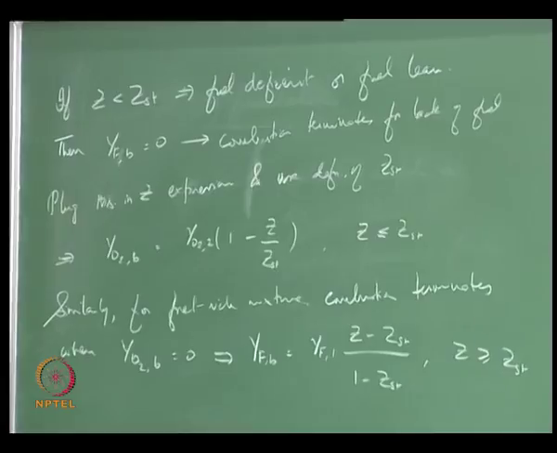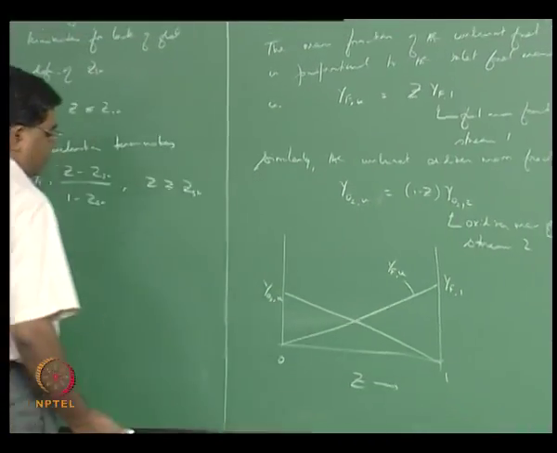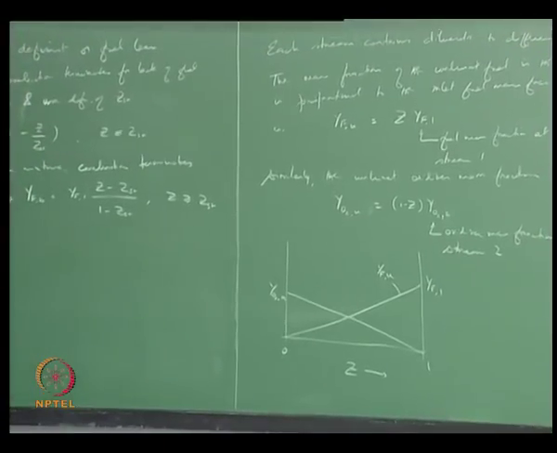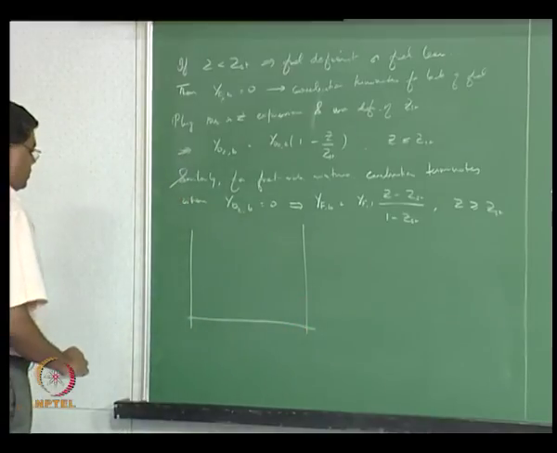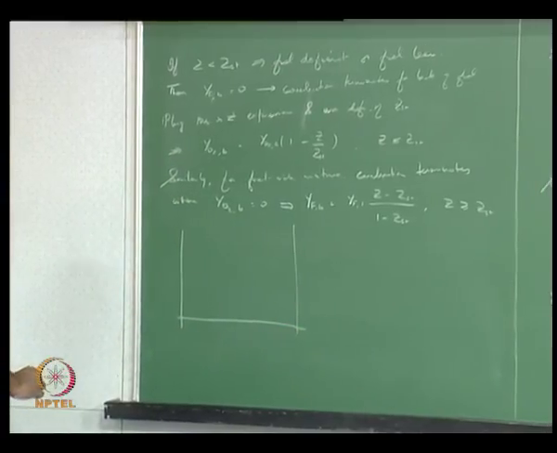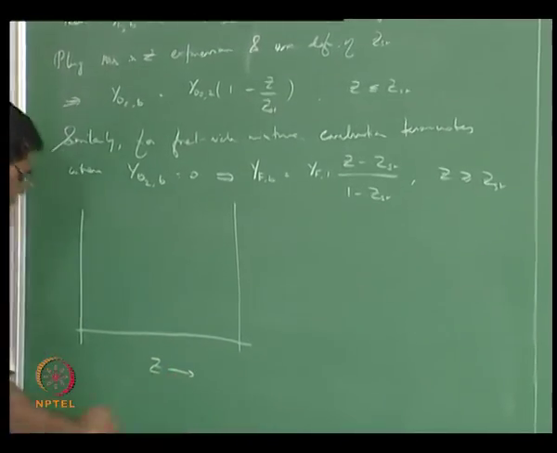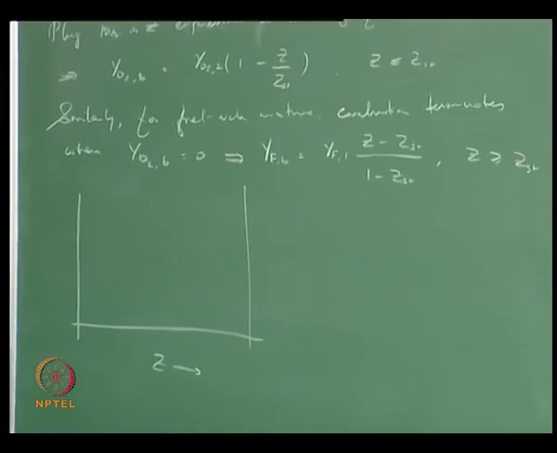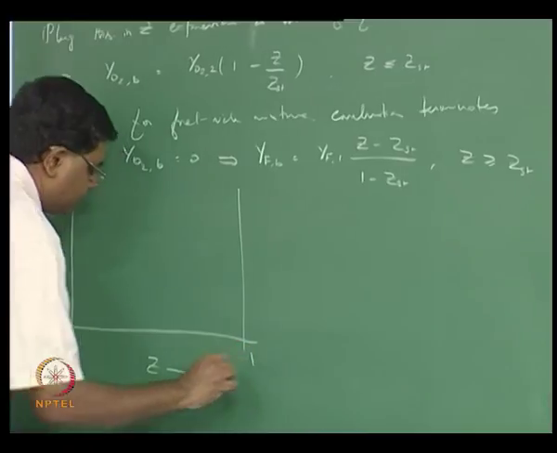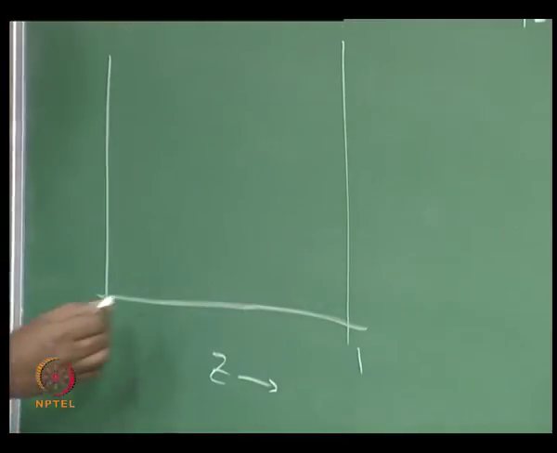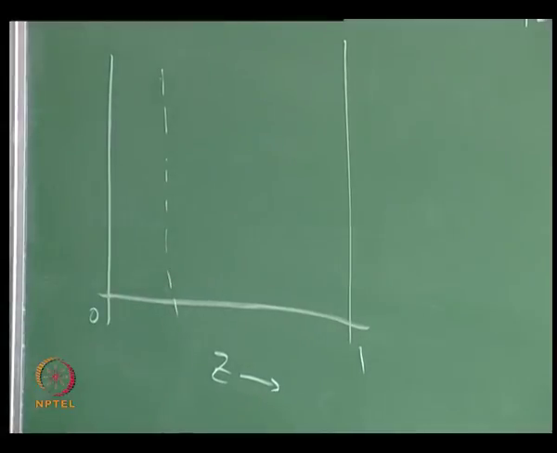That means we can now draw a picture similar to this. This is for the unburned fuel and unburned oxidizer in the mixing field, but we can now anticipate how the burnt fuel and burnt oxidizer should look like. If you now have Z going in the horizontal axis from 0 to 1, somewhere in there you should now be able to locate Z equal to ZST.